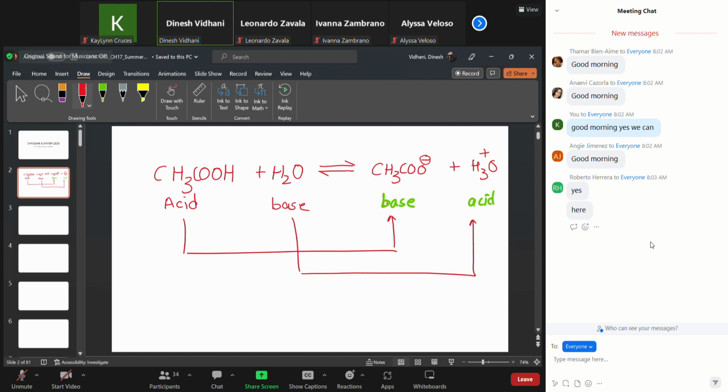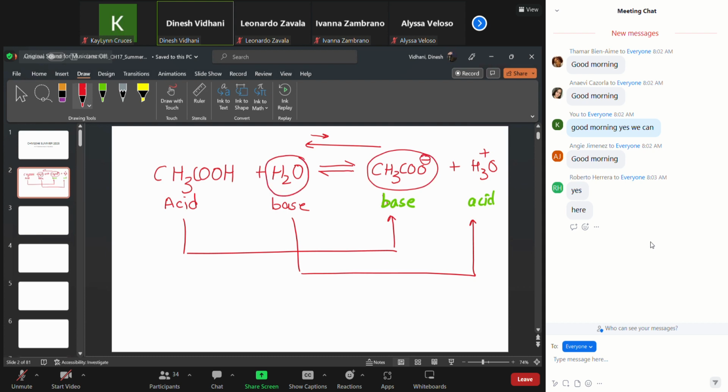Because we have base on both sides. What do you think now? So think of it in this way. The forward traffic is not much. The reverse traffic is a lot. That means this is more basic compared to water, right?